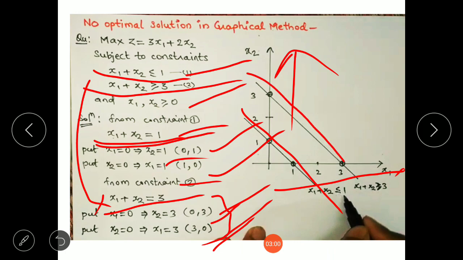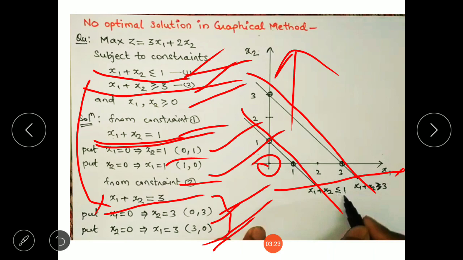We got this line. Now to find the shaded area, to find the region for the inequality constraints, we'll put x1 equal to 0 and x2 equal to 0 in the inequality constraint equations, and see whether it gets satisfied or not. If it gets satisfied, then the region will contain the (0, 0) coordinate.